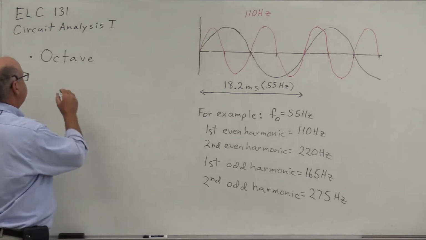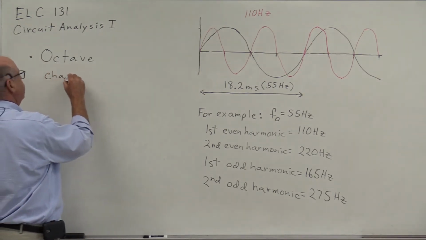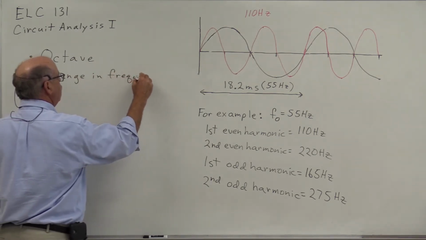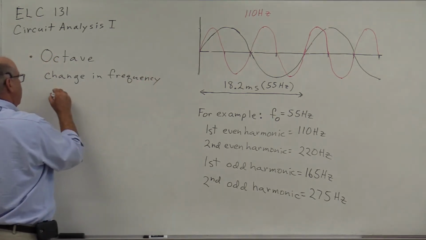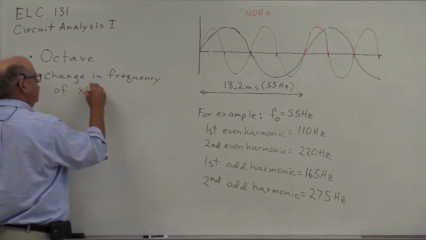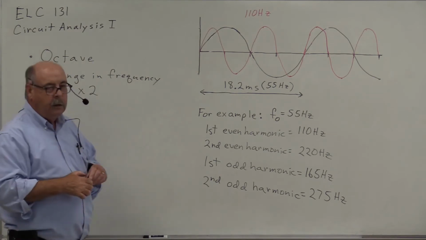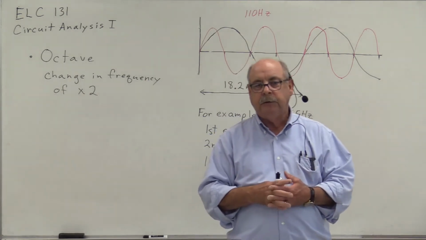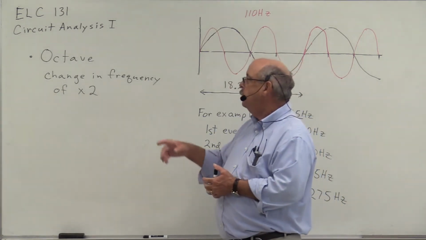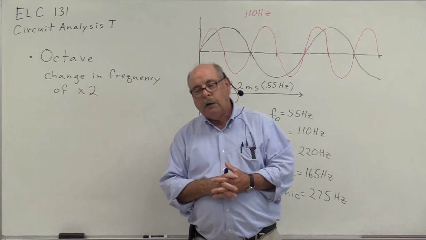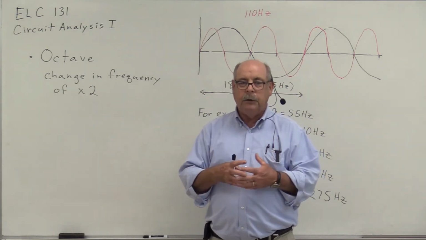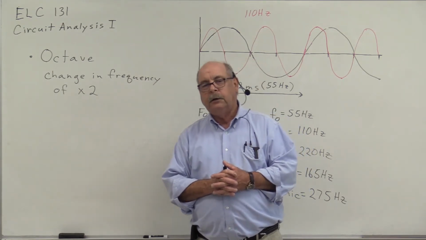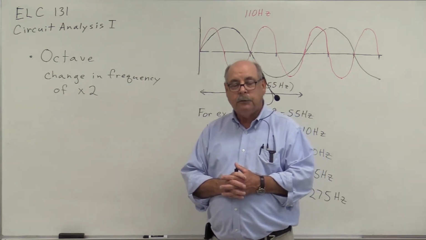And an octave is simply a change in frequency of times 2. Now, if you've studied music, if you've taken music classes, if you're a musician, you're familiar with this term octave. Octave from octo, which means 8. And on a musical scale, an octave is 8 notes.